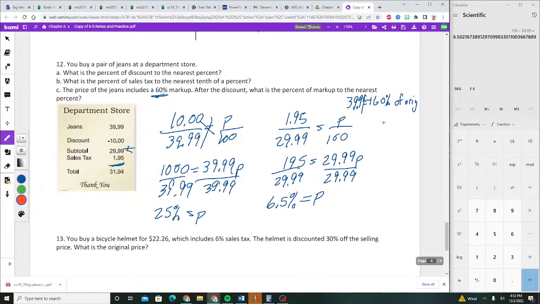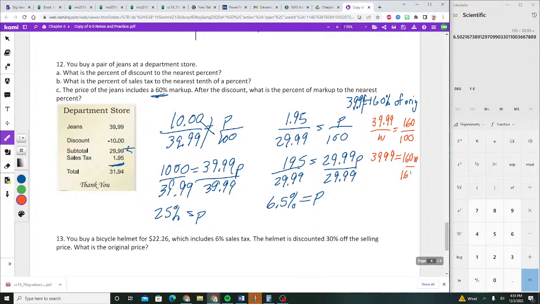So with that being the case, we go $39.99 of the original equals 160 over 100 times the cost. So 3999 equals 160W.